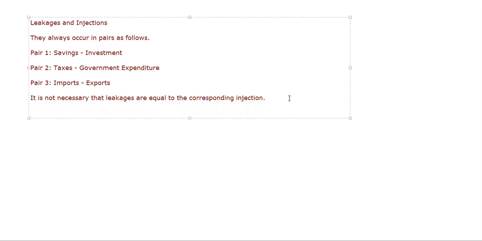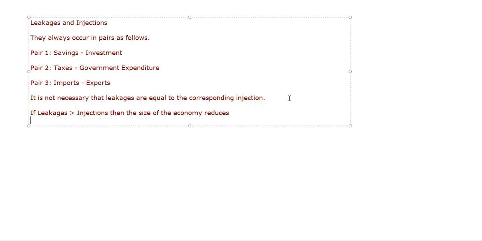So there are three possibilities. So we say that if leakages are greater than injections, then the size of the economy reduces.